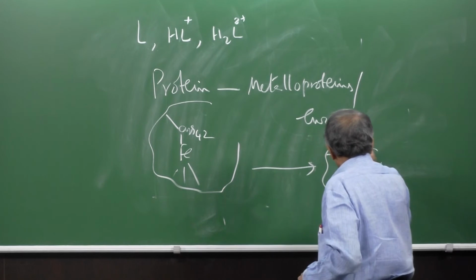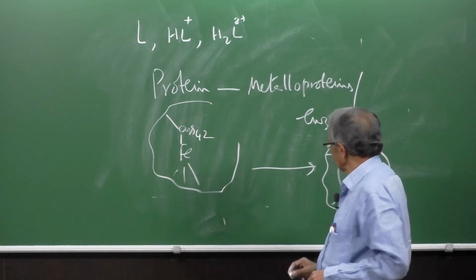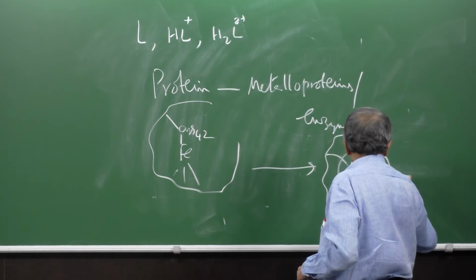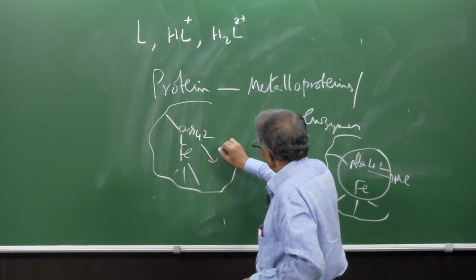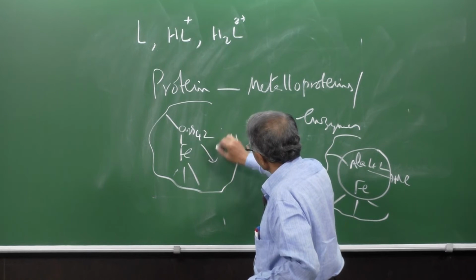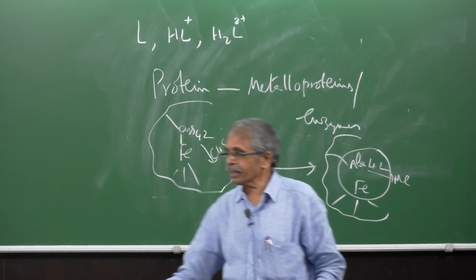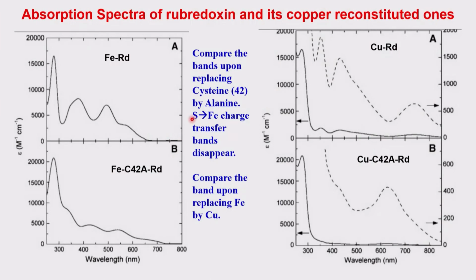Because alanine has a methyl side chain, it should not bind at all, and the cysteine has the CH2SH side chain. So cysteine should bind, and that will give the charge transfer between the sulfur and iron, whereas here it is a methyl group, does not bind to the iron, therefore does not make any charge transfer. So you can see these charge transfer bands have diminished.